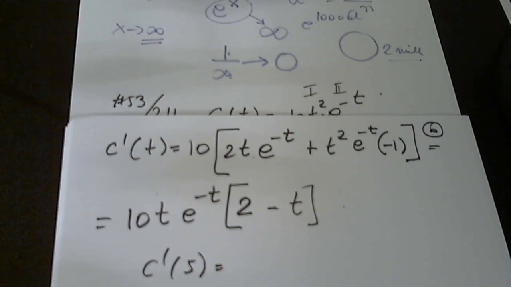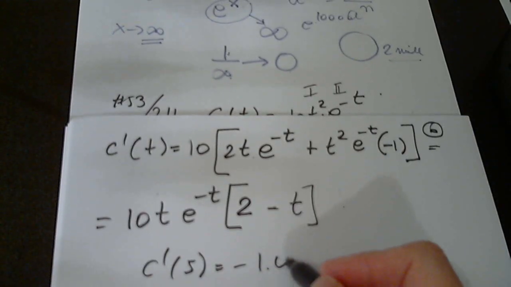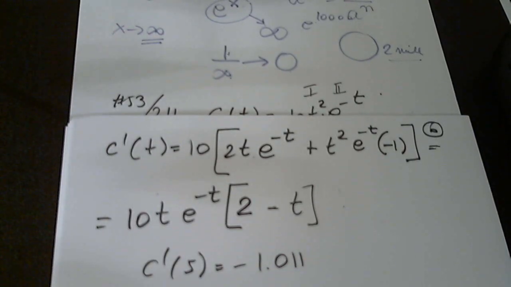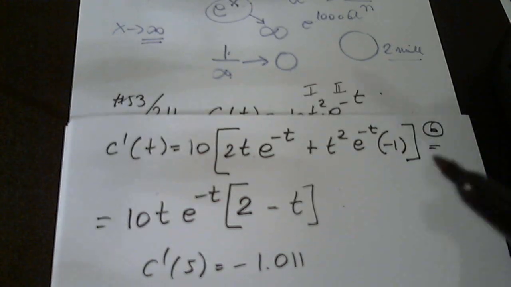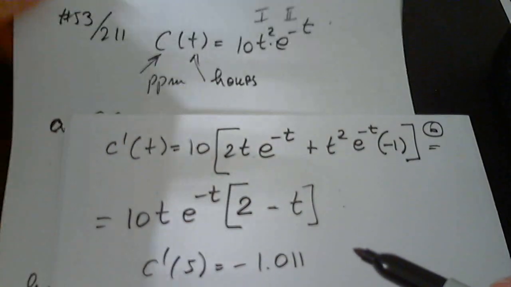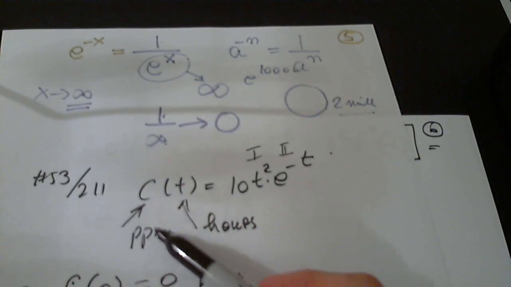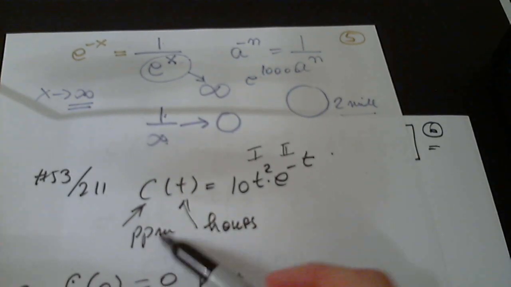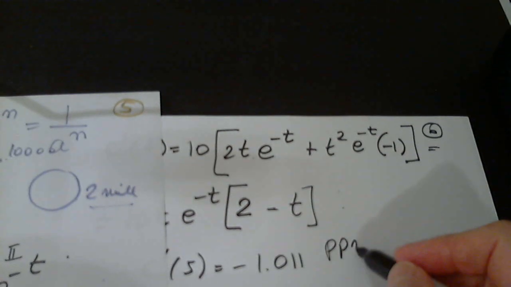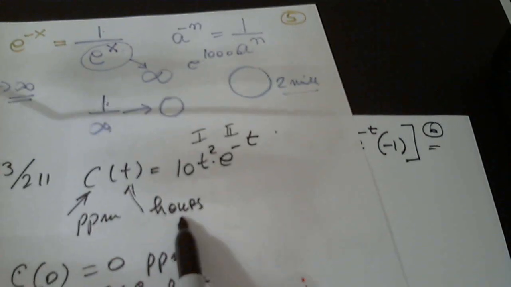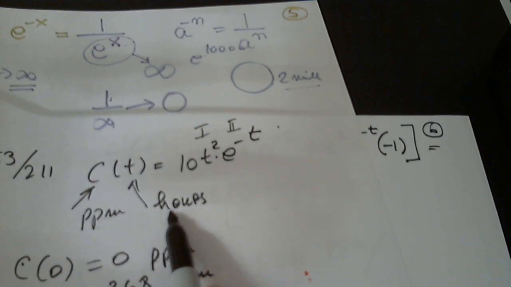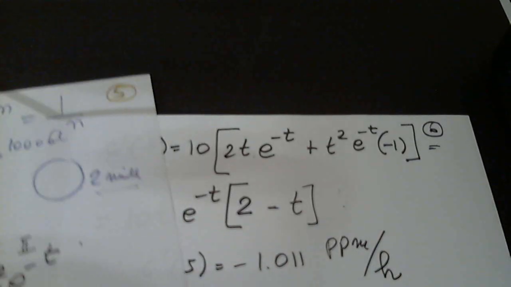So this is negative 1.011. We need 2 measurement units. 1 measurement unit coming from the C function, from the concentration in this case. So it's ppm per, and the other one coming from the independent variable, which is per hour.